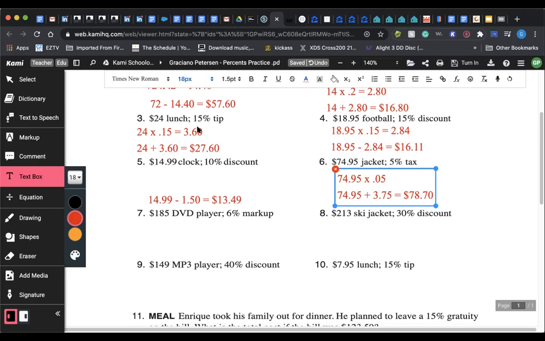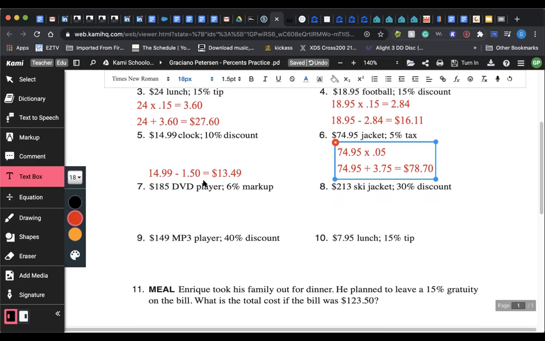Okay. So let's see. I'm going to have a couple of you try some of these other ones. So we have a 6% markup on number 7. I'm actually going to assign it based on who was here on Monday first. I'm going to prioritize those of you who had more practice with it.